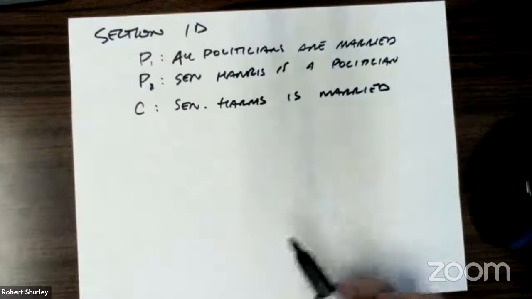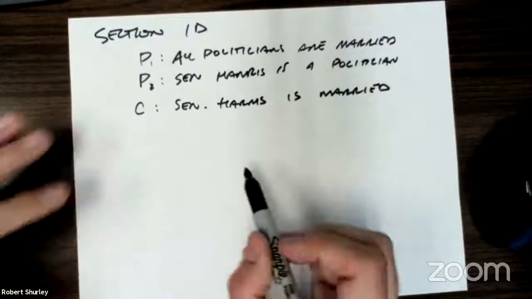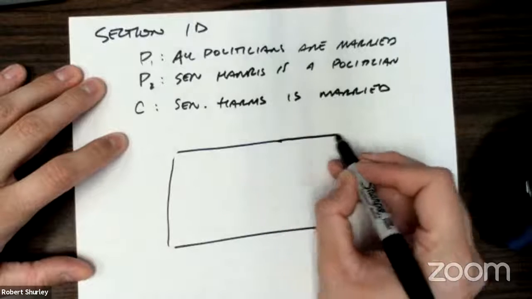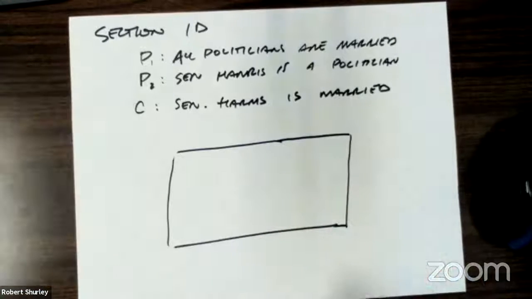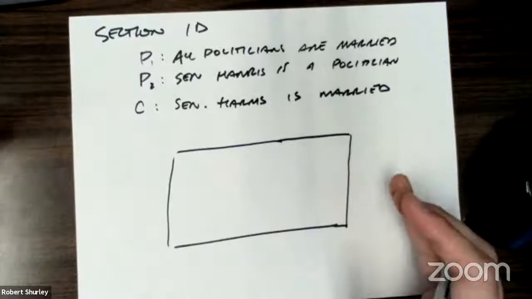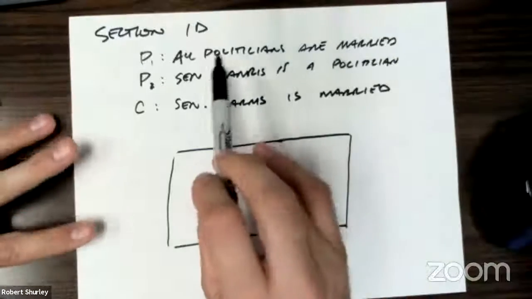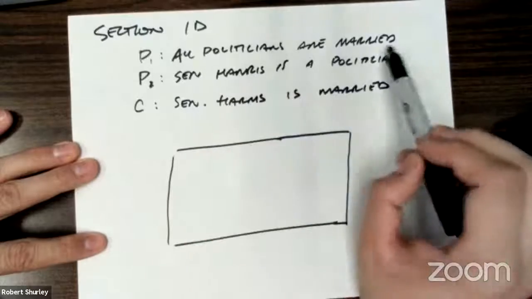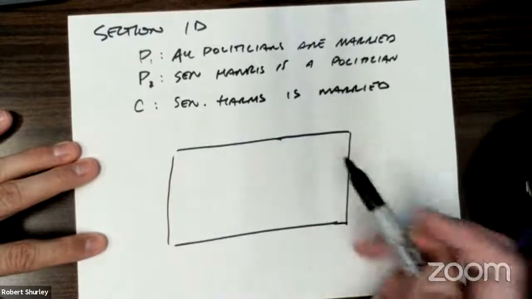Okay, so we're going to think of this with a Venn diagram, actually. We have to think of the groups here because these are general groups. Okay, so all politicians are married. Senator Harris is a politician, and Senator Harris is married. So I need to think of the biggest bubble first. And look, all politicians are married means that politicians are in the married bubble, right?